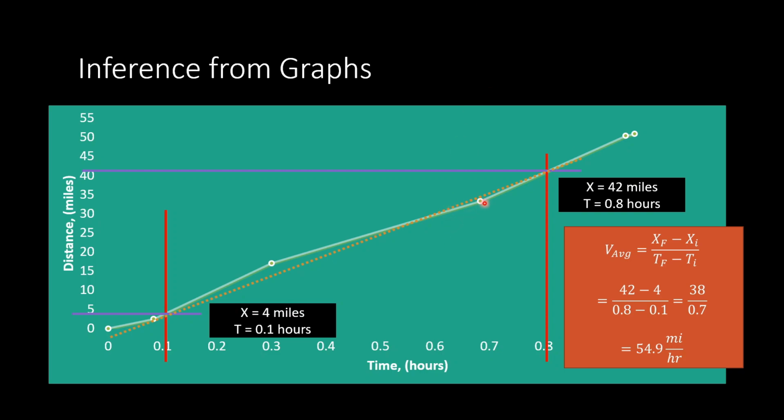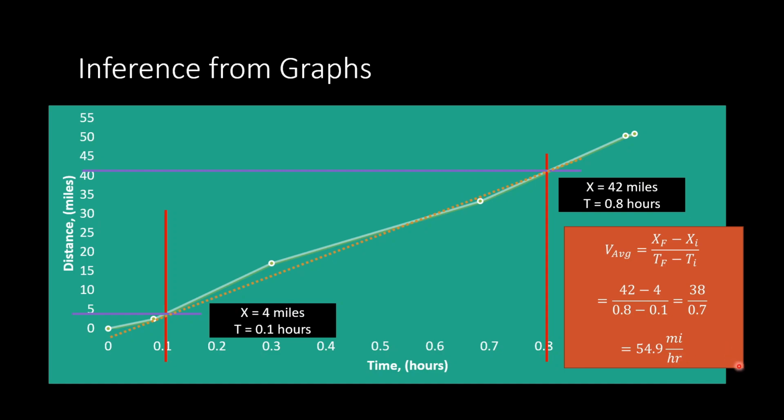That's what you're trying to do, but this one is a linear fit, and this won't really do a good job here. But what you can do with this information, using just a simple distance and time plot or position time plot, is calculate what an average velocity is for this leg of the journey, which here is about 54.9 miles per hour.